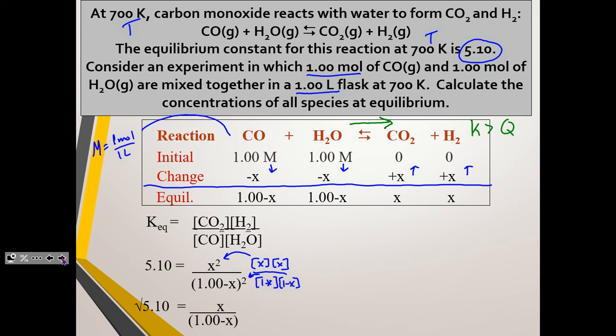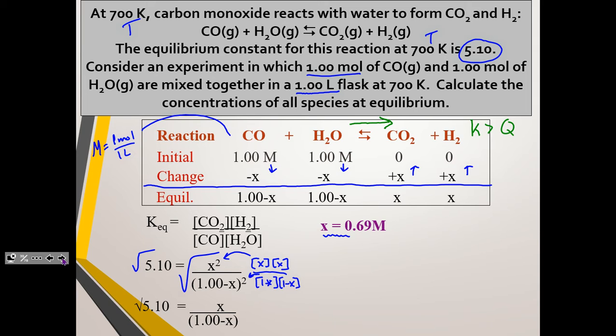To solve, we can take the square root of both sides, which allows us to cancel the squares. And then we're going to solve for x using algebra. And what we find is that the value of x is 0.69.